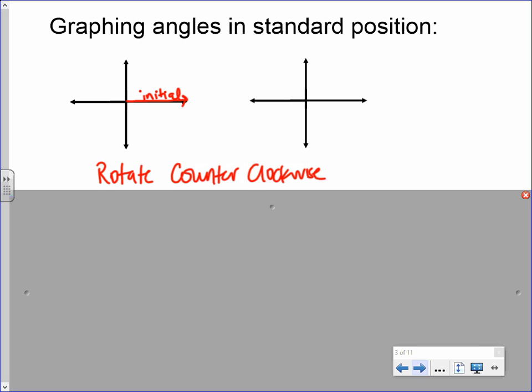We rotate counterclockwise with our terminal side until we get to the measure that we want. Let's remind ourselves that we have 4 quadrants: Quadrant 1, 2, 3, and 4.